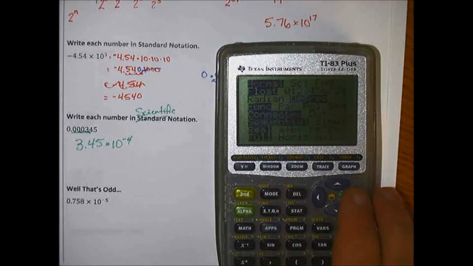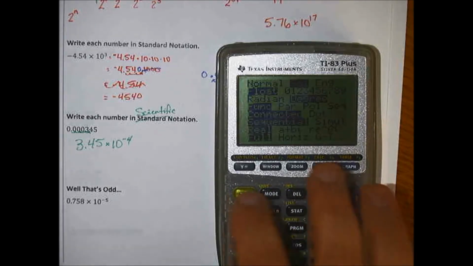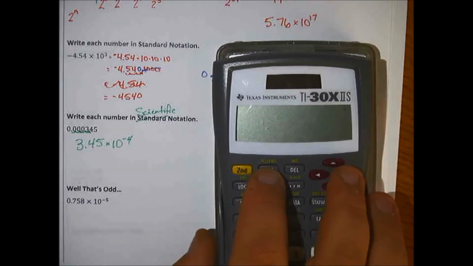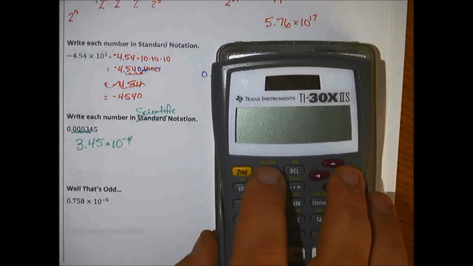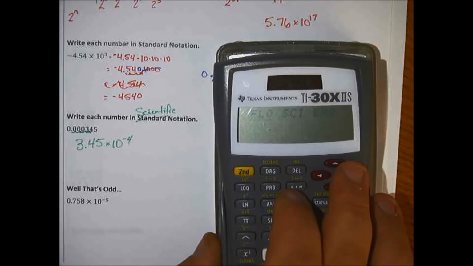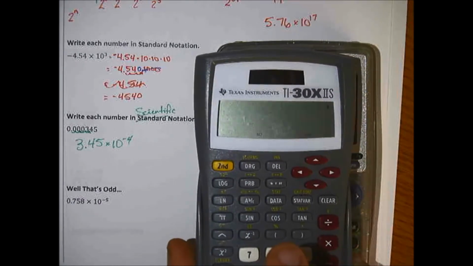If you go to mode and change it to scientific, on these ones it's the same thing. See where it says SCI in yellow. I'm going to hit second, that degree button, and move it to scientific.